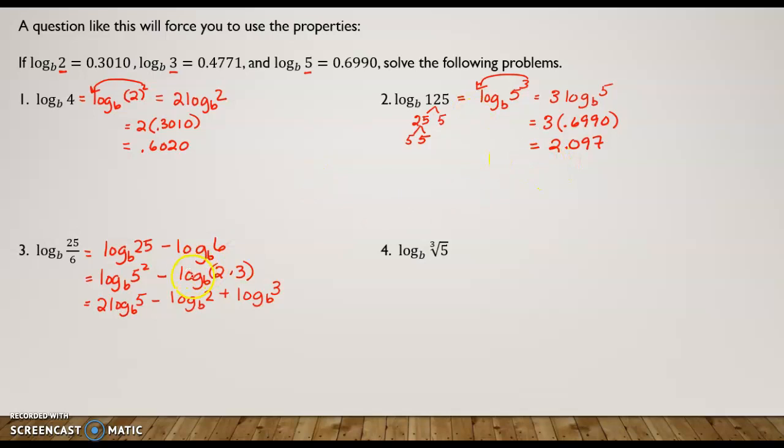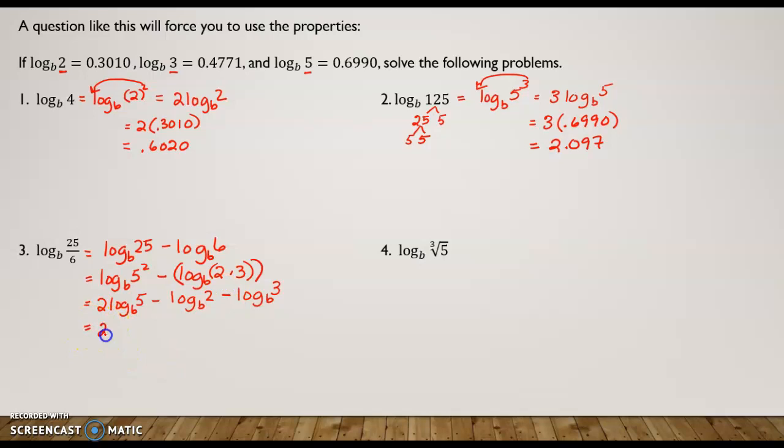That was strange. Right here we've got 2 log base b of 5 minus, now, this is actually the whole log. So when I multiply this out, I should have minus log 2 and minus log 3. Okay?